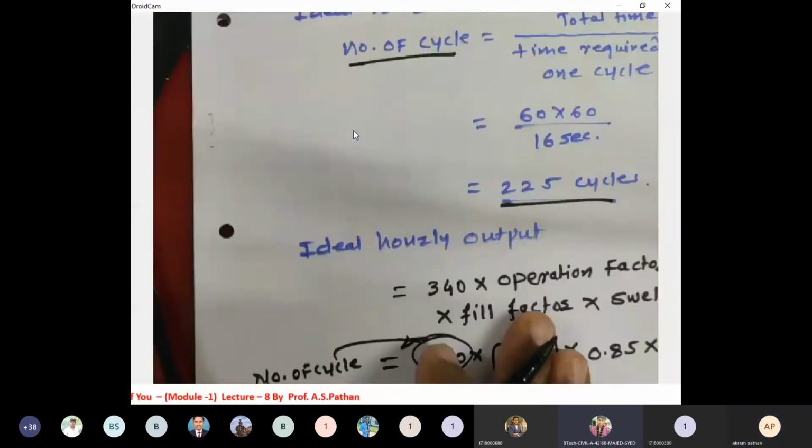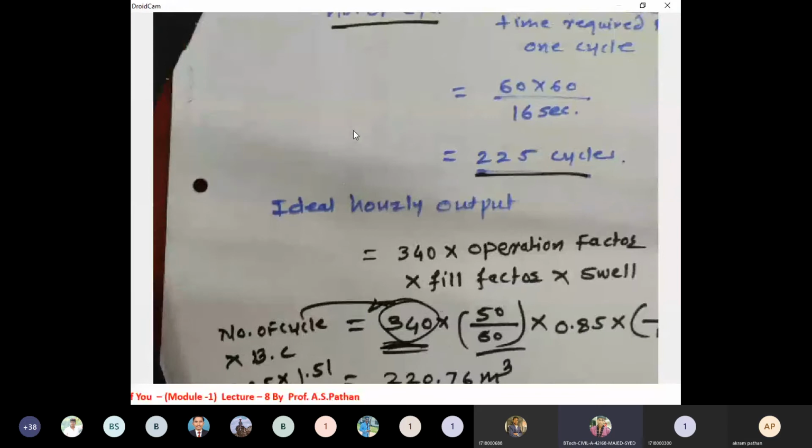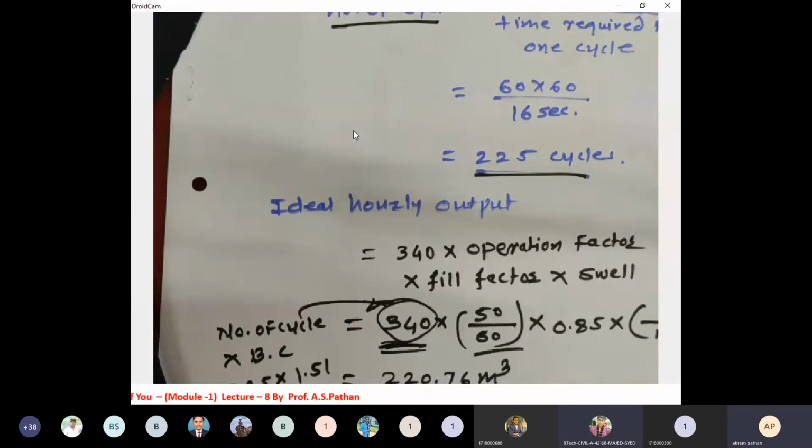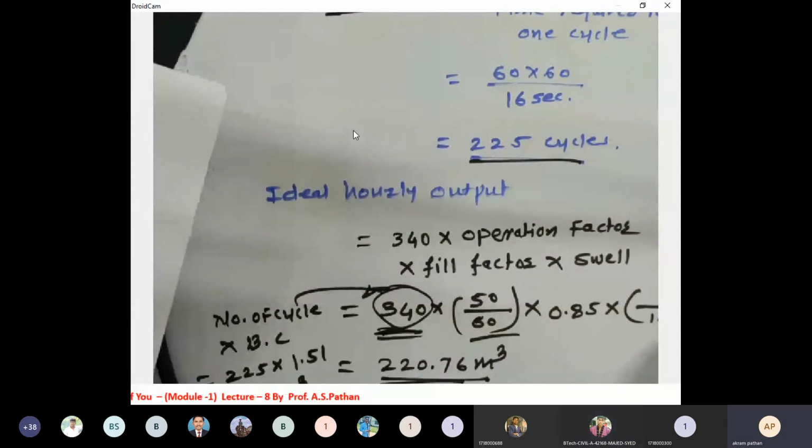Sir, how did you take the swell value as 1 divided by 1.2? It was given as 20%, right? See here, 1 divided by 1.2. So how will it come? See, if the swelling is 20%, right?